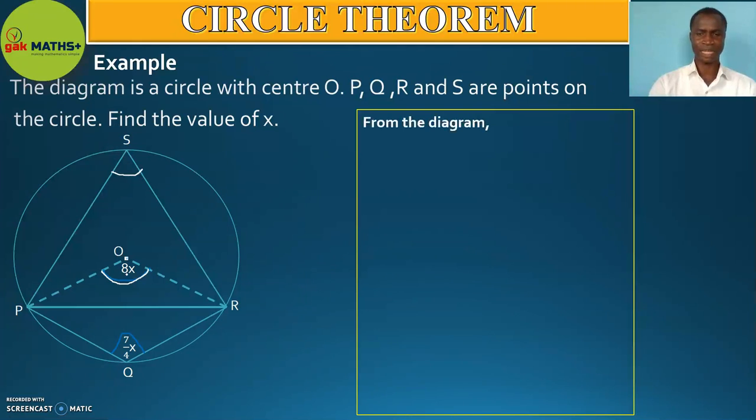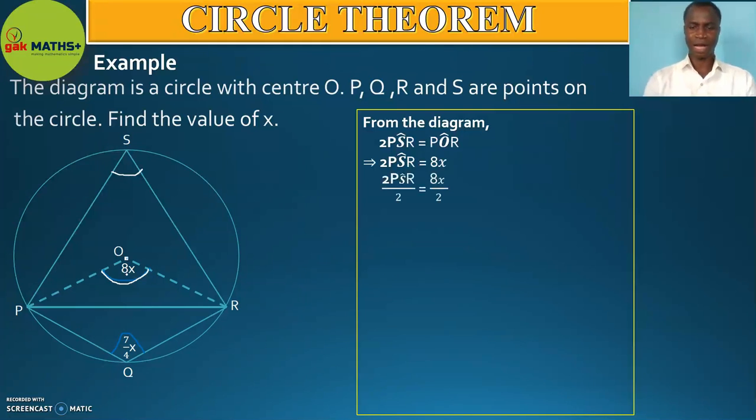So we can say that 2 times the angle PSR is equal to the angle POR. And that gives us 2 times PSR is equal to 8x. So we have angle PSR is equal to 4x.